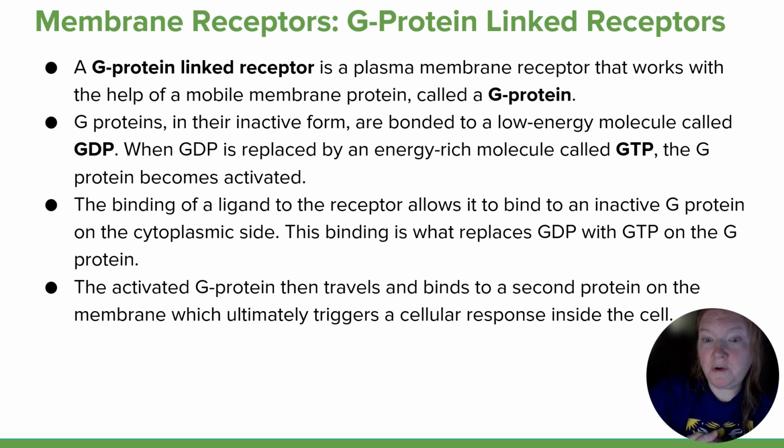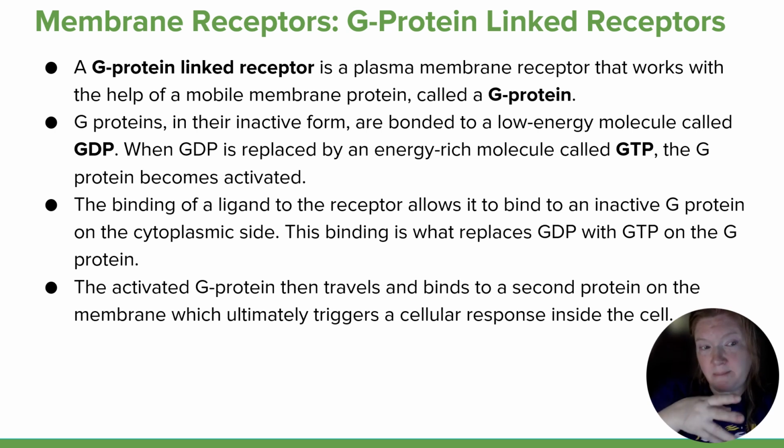Now, we also have, remember, membrane receptors. One of those examples was G protein linked receptors. A G protein linked receptor is a receptor on the plasma membrane that works with the help of a mobile, meaning moving around, protein called a G protein. G proteins, when they're inactive, are bonded to a low energy molecule called GDP.